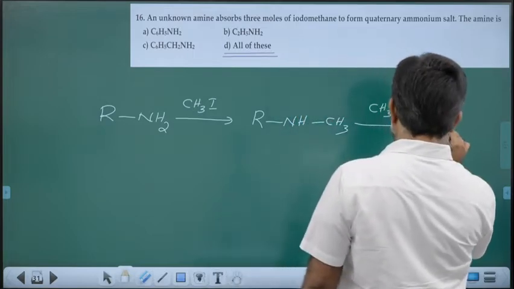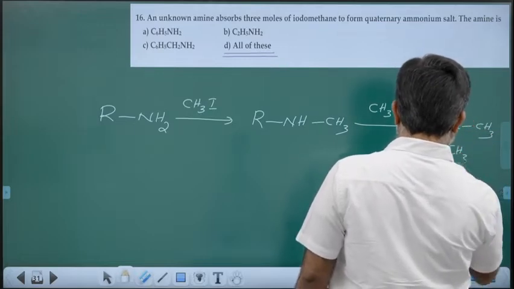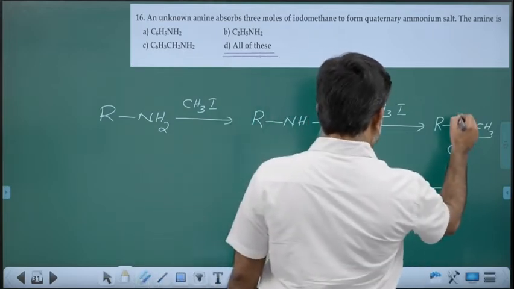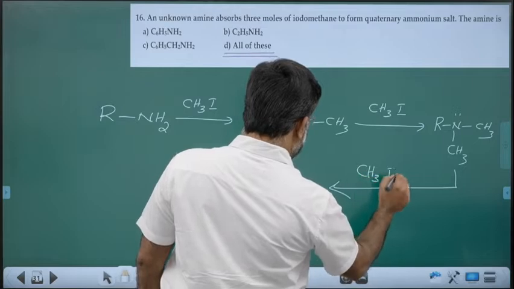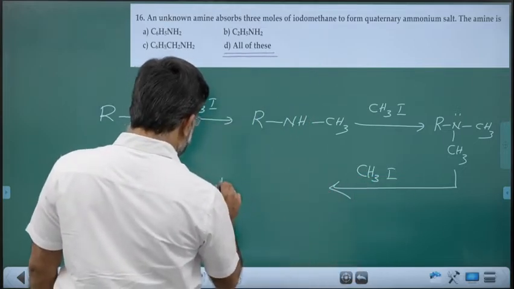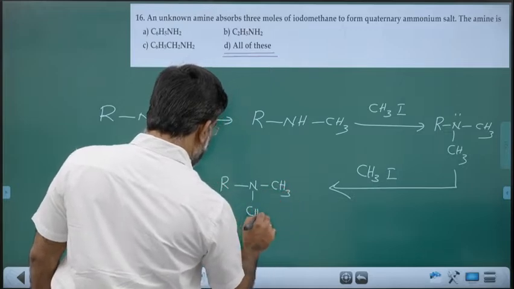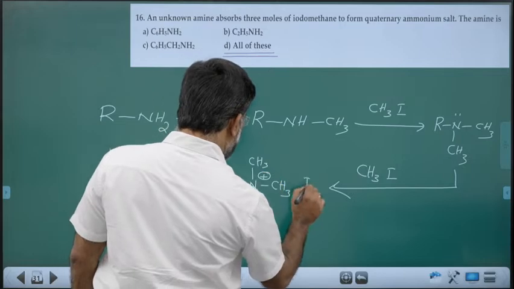You will get RNCH3CH3. Now it can react once again using the lone pair, with CH3I. Once again it reacts, and you get RNCH3CH3CH3 plus I minus.